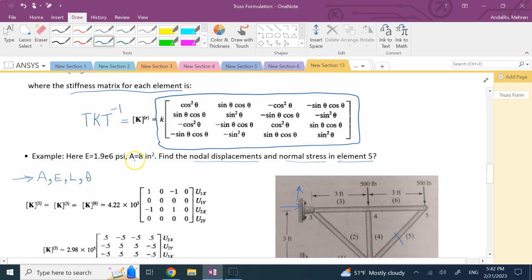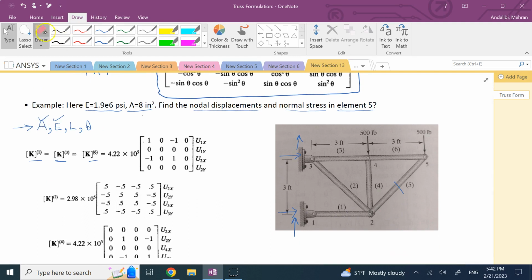Well, in this case, the A for all of the members is 8 square inches, and the E for all of the members from a specific wood is 1.9 e to the 6 psi. So A and E are all constants for the members. The only things we need to calculate are L and theta. Now, for members 1, 3, and 6, the L's are all what? 3 feet.